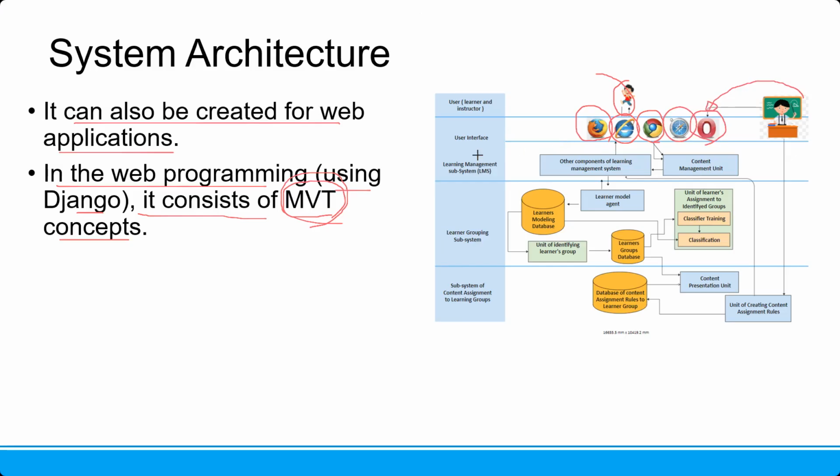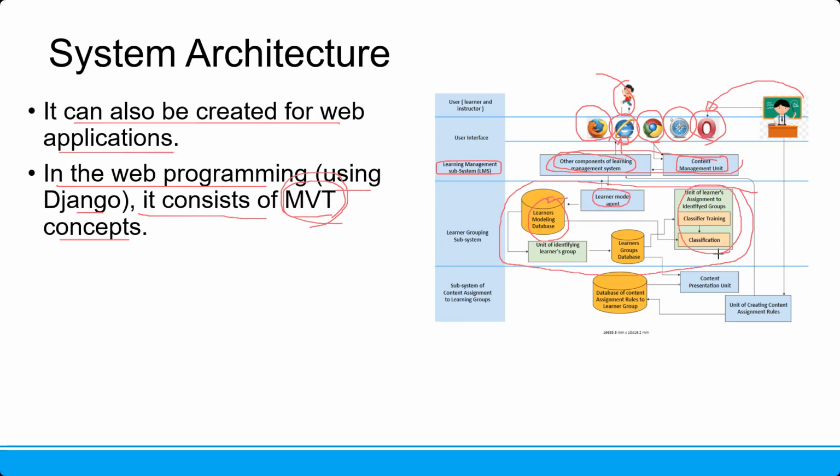And there's another component, we call it the learning management subsystem. So this web browser will connect to this component for the learning management system. And there might be some component management unit. And these things will connect to another component before they connect to the database. So there's a kind of model agent to connect to the database.